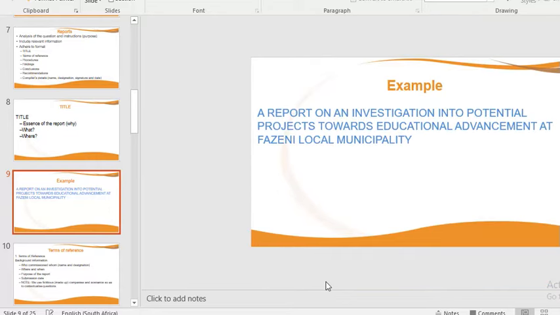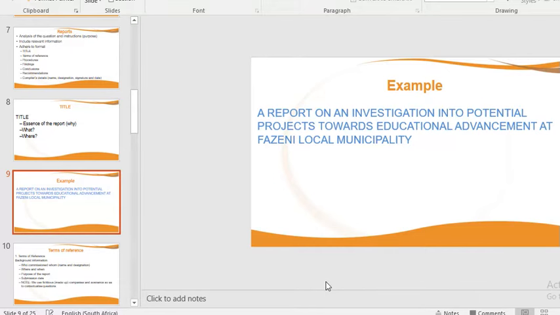A report on an investigation into potential projects towards educational advancement at Fazeni local municipality. All right, this is an example.